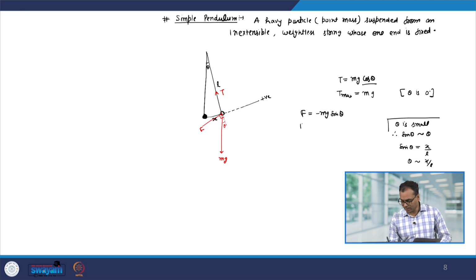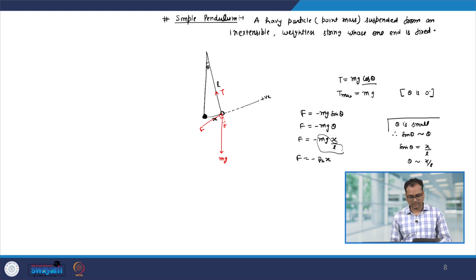So, I can write down F equal to minus mg theta, or F equal to minus mg x over L. So, here this is in the form of F equal to minus kx, where this k is mg over L.